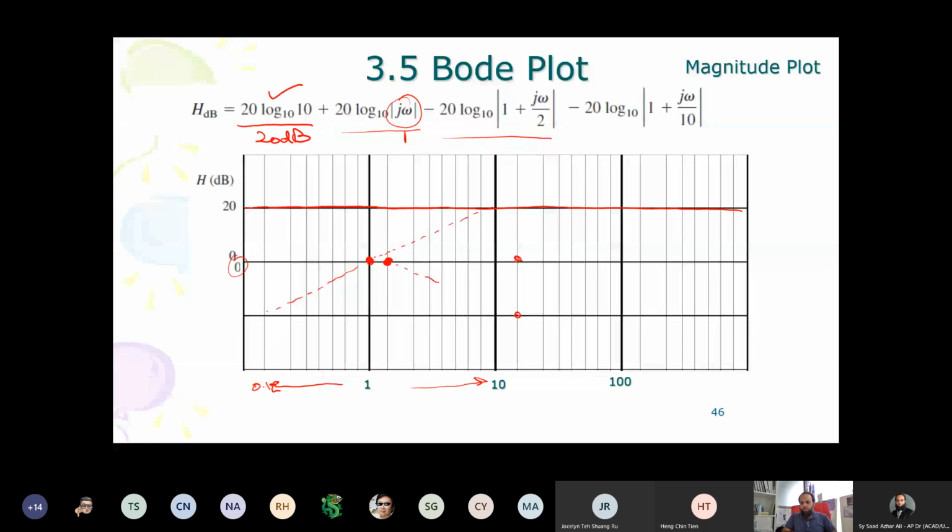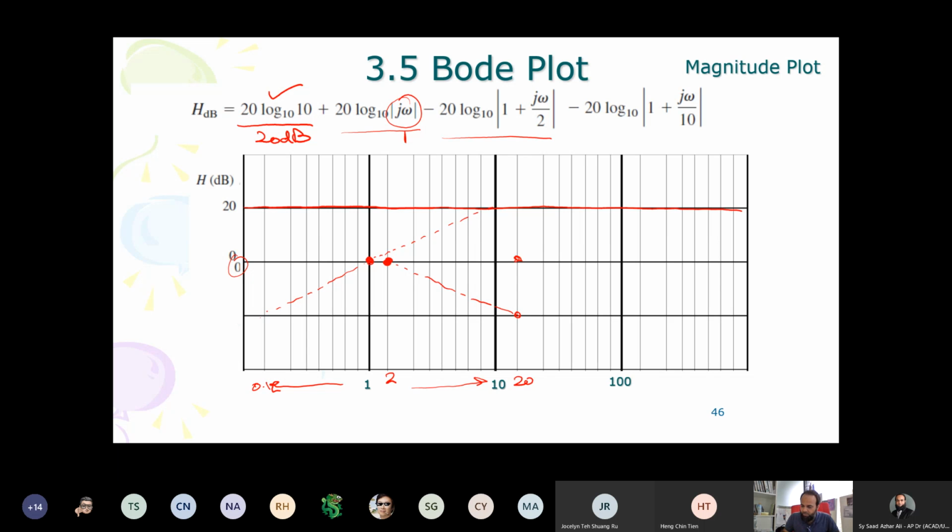This is my pole at 2. Right. So from 2 until 20, it has gone down, negative 20 dB per decade. All right.